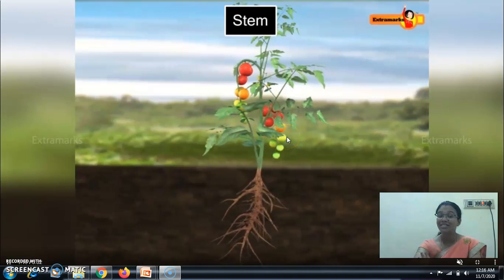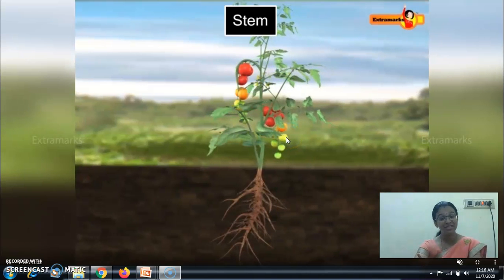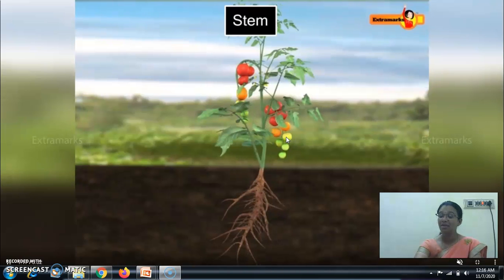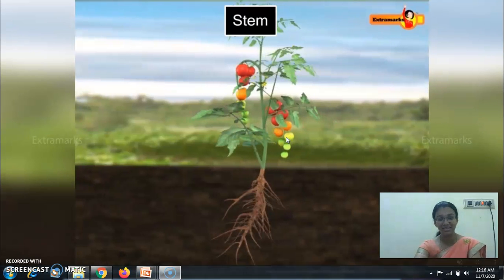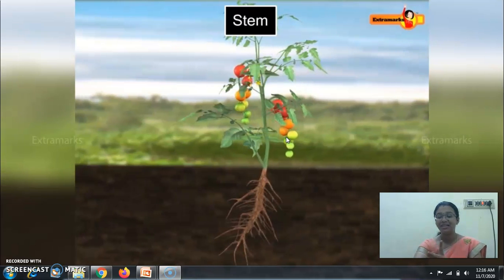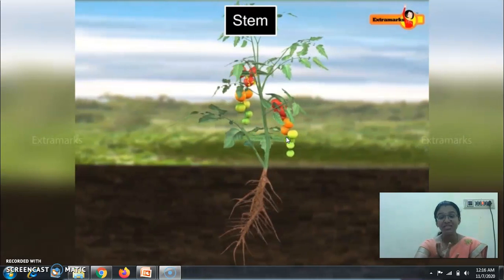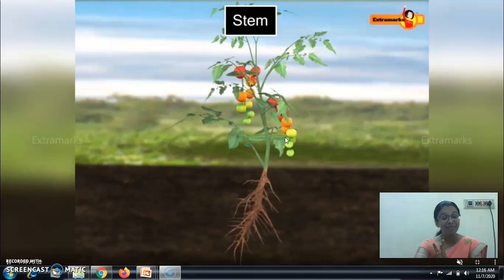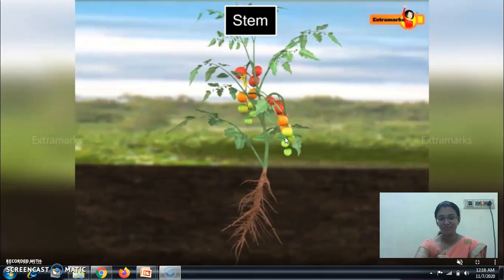Now the second part which we are going to discuss is stem. We had already discussed stem. Based on the stem, plants are classified into trees, shrubs, herbs, creepers and climbers. Isn't it?